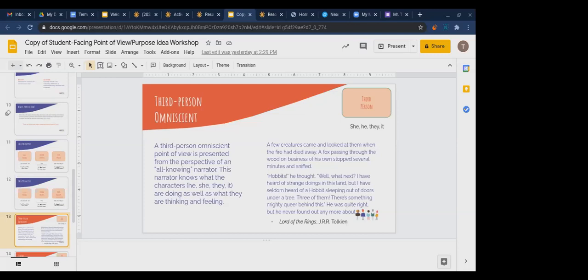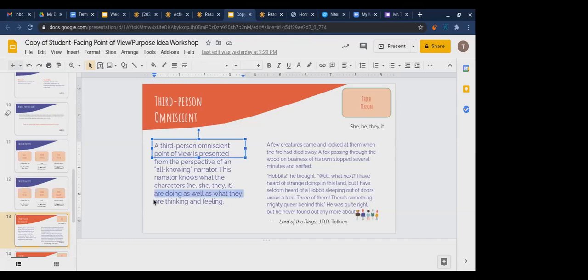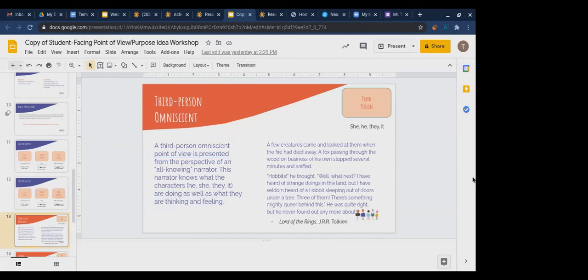And again, think about our definition here. Third person omniscient point of view is presented from the perspective of an all-knowing narrator, right? Narrator knows what the characters are doing, as well as thinking and feeling. So do we see any of that in this excerpt over here that would let us know, oh, hey, this is third person omniscient?